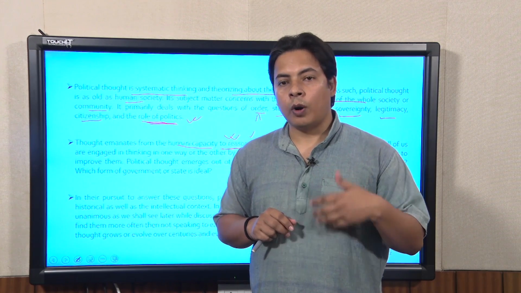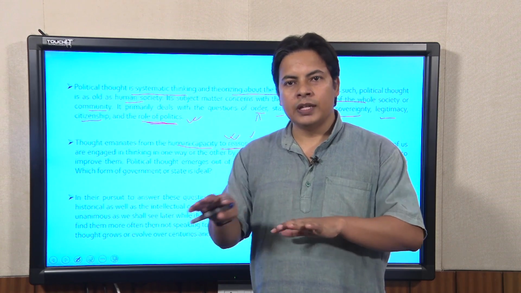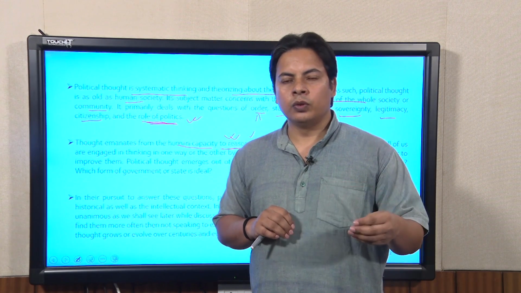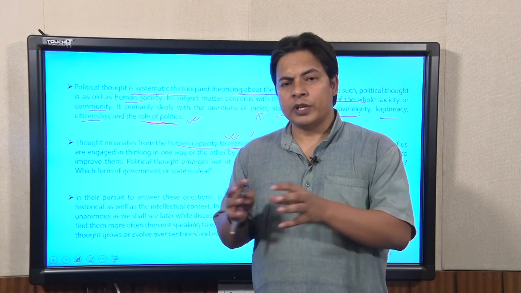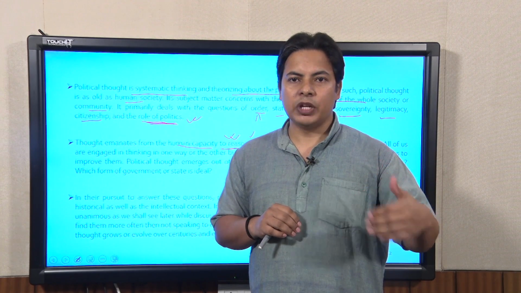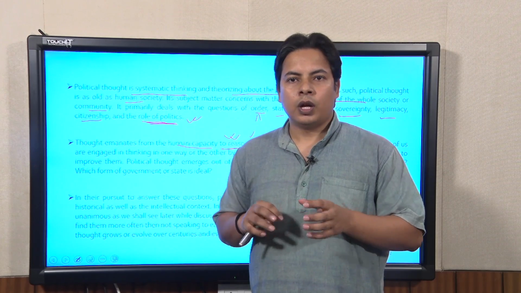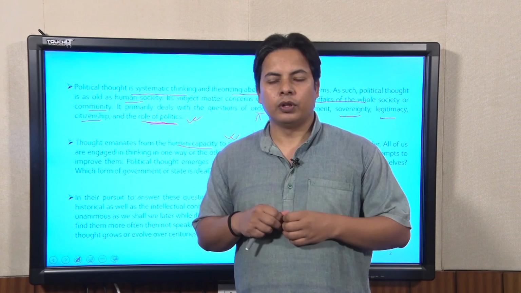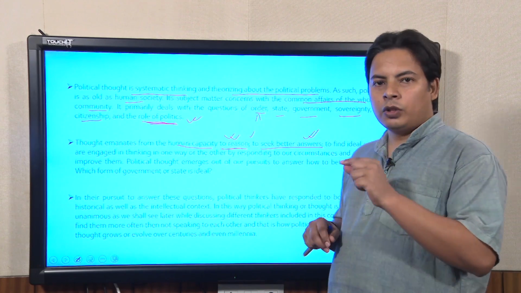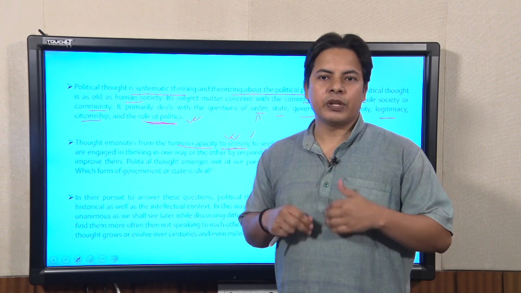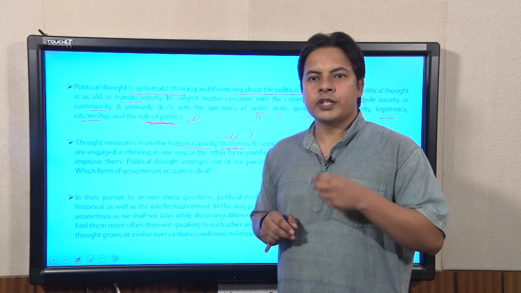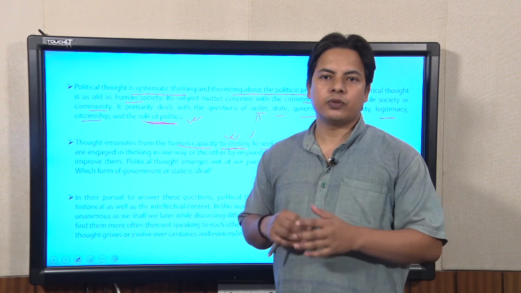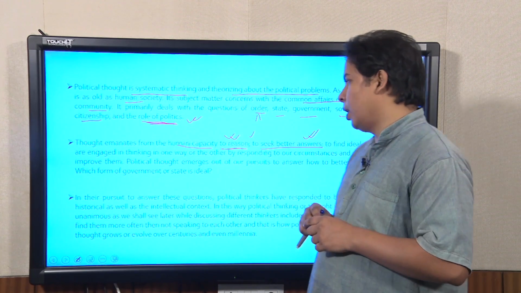So, for instance, when Hobbes was thinking, there was prevailing civil war in England, and there was a decay in Greco Roman society when Plato, Aristotle, Cicero and later on Machiavelli was thinking about new modes of politics. So, political thought, besides human capacity to reason, emanates from our innate search for better answers to the challenges that we face in our life.